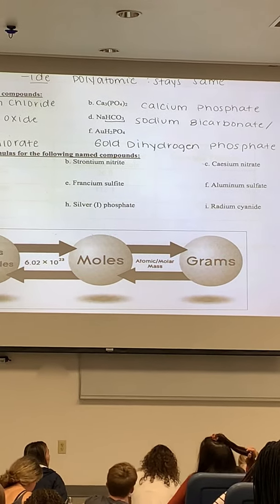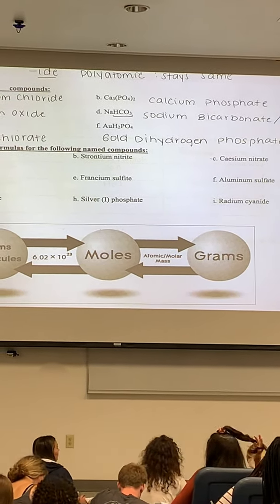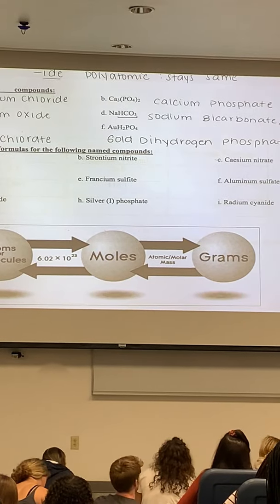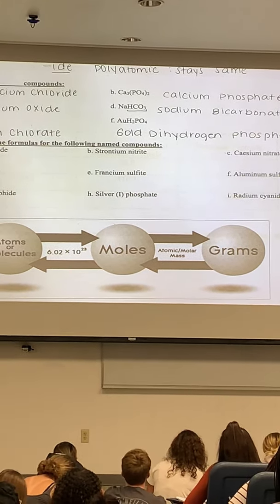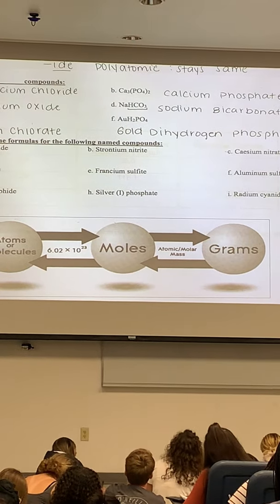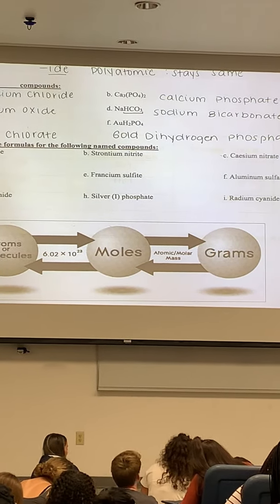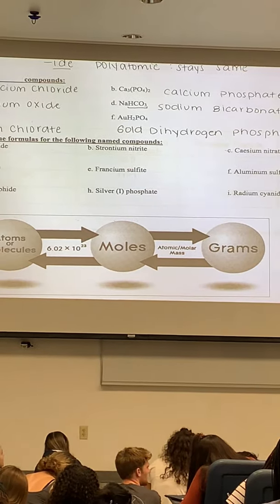So if you know your polyatomic ions and you know something's an ionic compound, these are very easy to come up with the name because you just say their names. It's a tad more difficult to go from the name to the formula because now you have to do the work in putting the charges in the right places.